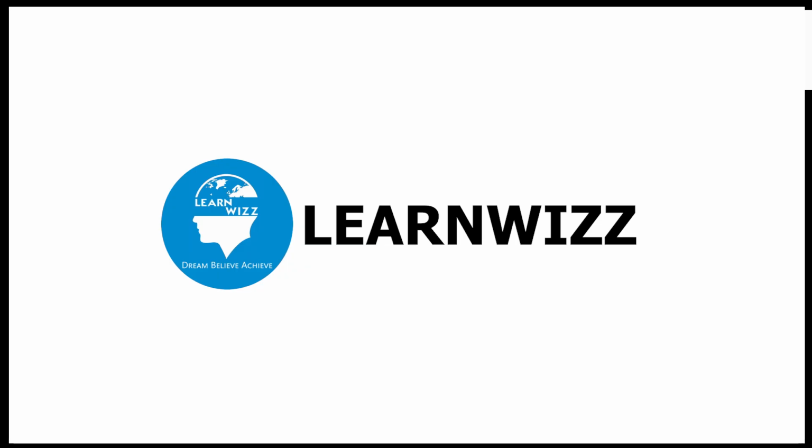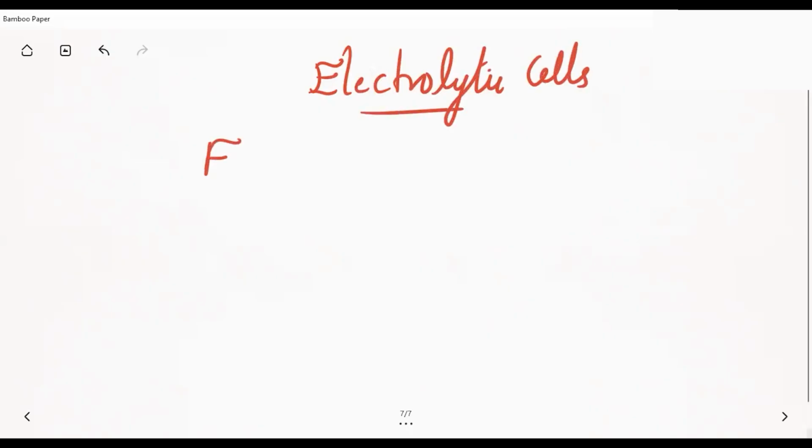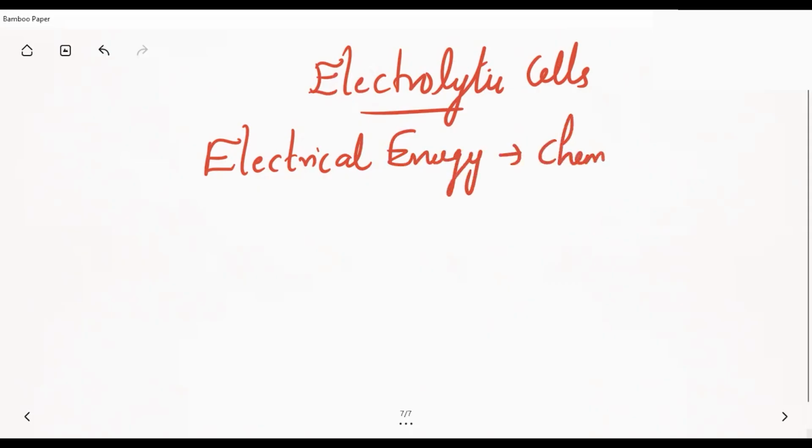But in electrolytic cells, electrical energy is converted to chemical energy. So that is the first difference between electrochemical cells and electrolytic cells.